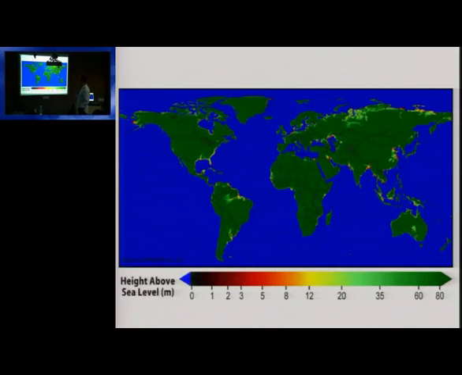Now, you see this. These are the regions that are going to be affected very badly if there is a slight change in sea level. Please follow the cursor. See, it is occupied by not so rich countries, right?